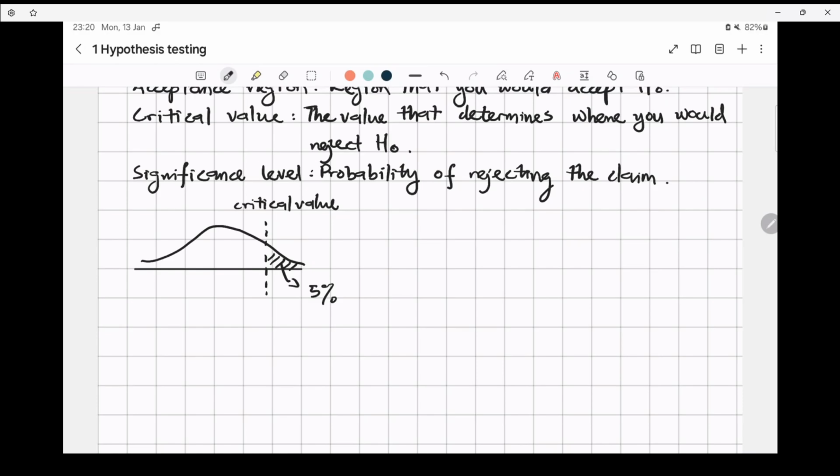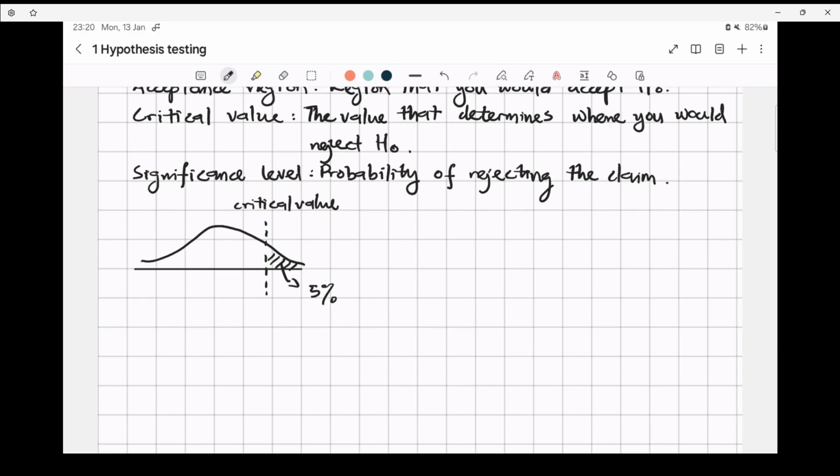If it is a continuous variable, you can decide the critical value quite accurately. But if it is a discrete random variable, you need to test, because sometimes the critical value falls in between the discrete values, and you need to test which one gives you the true critical value.